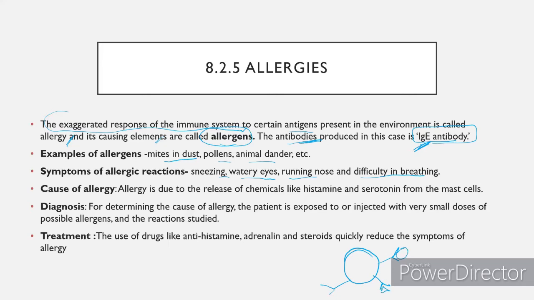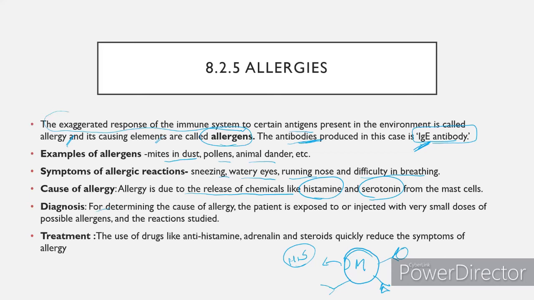The mast cell has histamine and serotonin, which will be released from the mast cells, and these actually give symptoms such as inflammation, redness, and itching. So it is because of the histamine and serotonin. Okay, so the cause of allergy is the release of chemicals like histamine and serotonin from the mast cells.